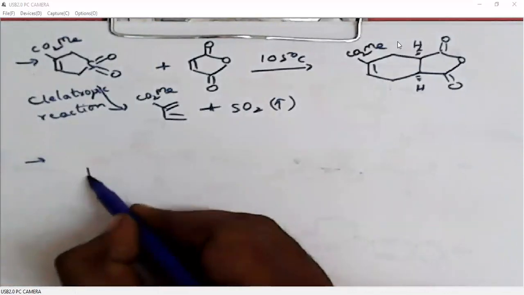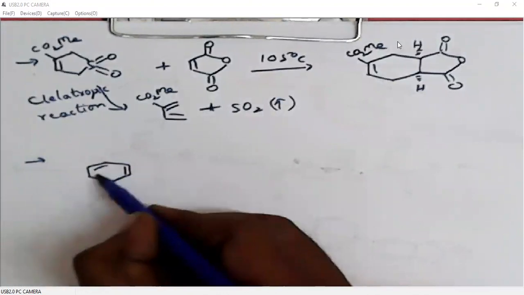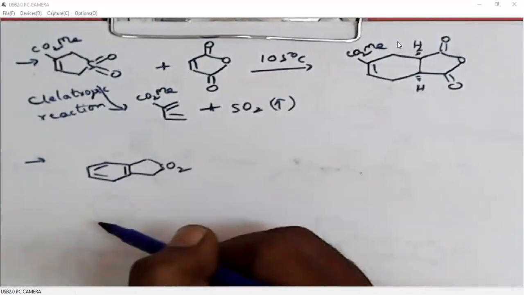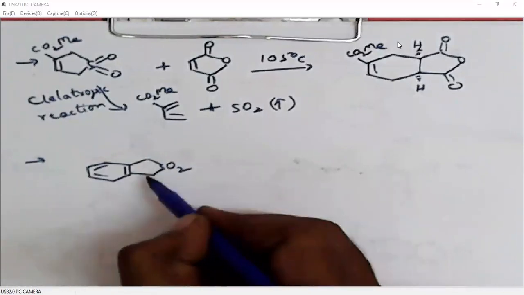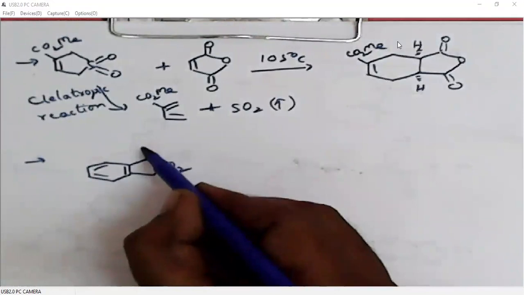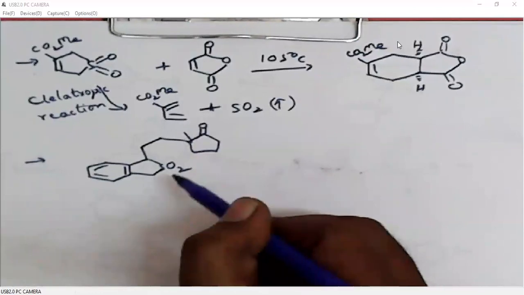Similarly, you look at this example. SO2. This is an intramolecular cheletropic reaction followed by a Diels-Alder reaction.